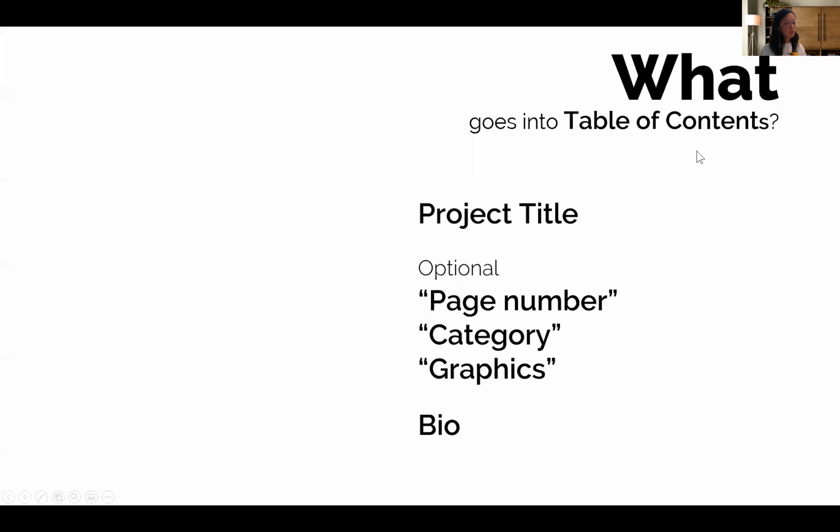And on the next page, you usually start with the table of contents, or you can include the bio in the table of contents. It could be bio or table of contents, but I will start with the table of contents because some people include the bio in their table of contents spread. I will talk about both in this section.